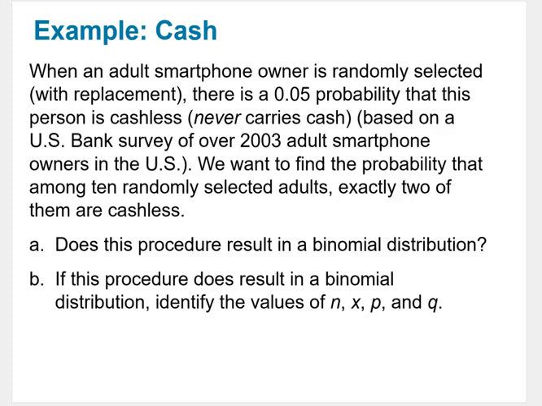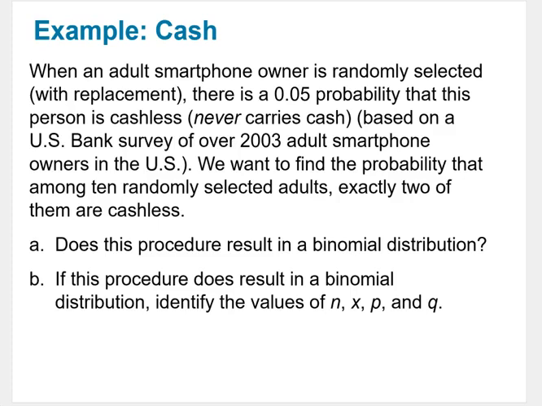Okay, so we want to find the probability that amongst 10 randomly selected adults, exactly 2 of them are going to be cashless. Now, before we actually go through all of that, let's discuss: does the procedure that they just described result in a binomial distribution? Okay, so that's our first question.